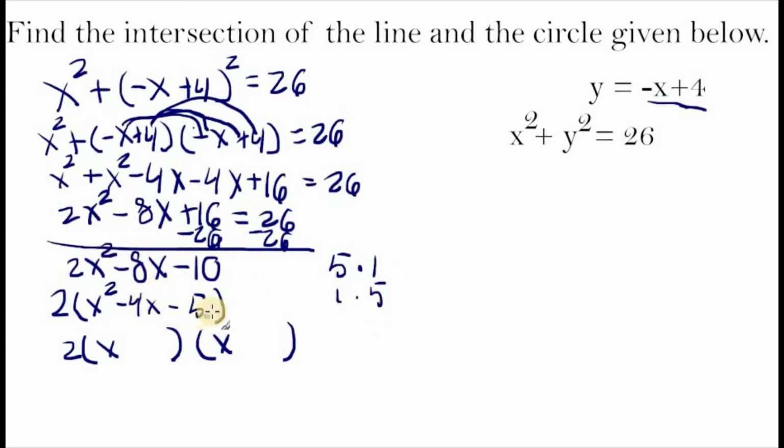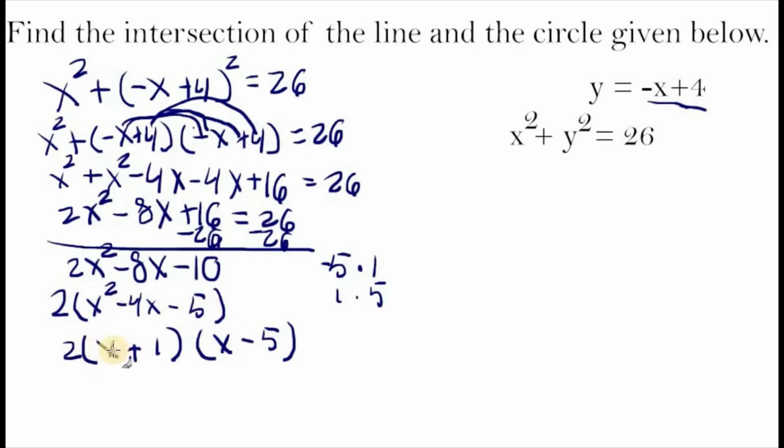So now we'll find out that negative 5 plus 1 will give us negative 4, and negative 5 times 1 will give us negative 5. So we're going to plug that in. We have positive 1 and negative 5. And if you distribute these using the FOIL method, you should get this same number back.